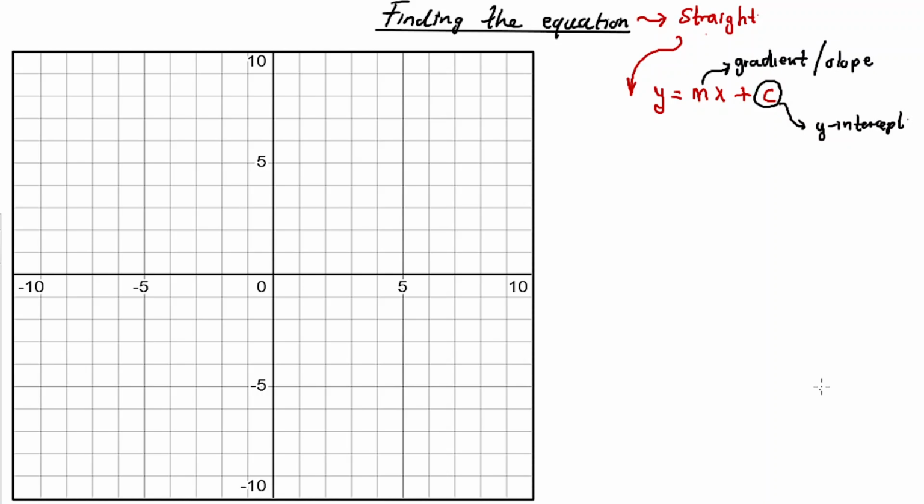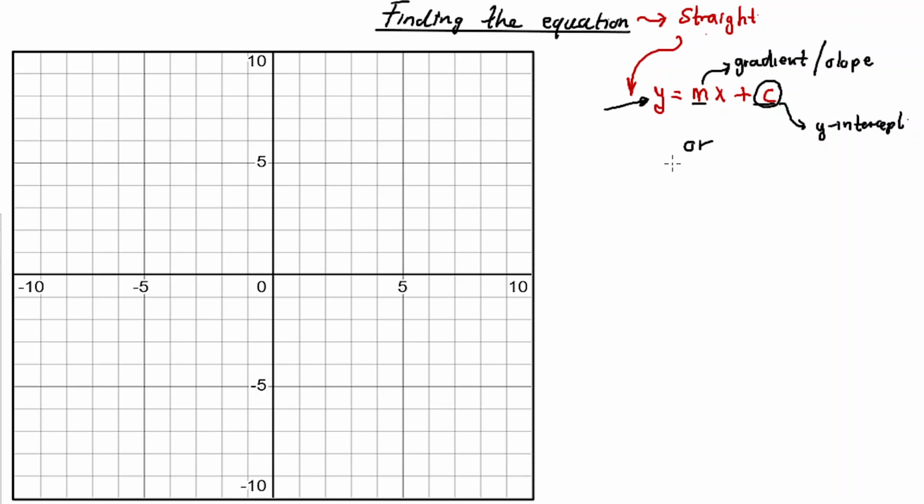So this is one way of finding an equation to a straight line, by using this general form. You start off by finding the gradient and then finding your y-intercept.